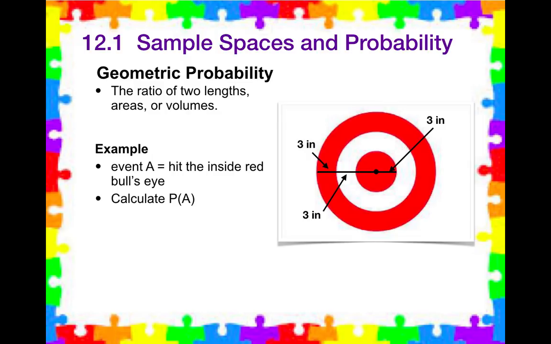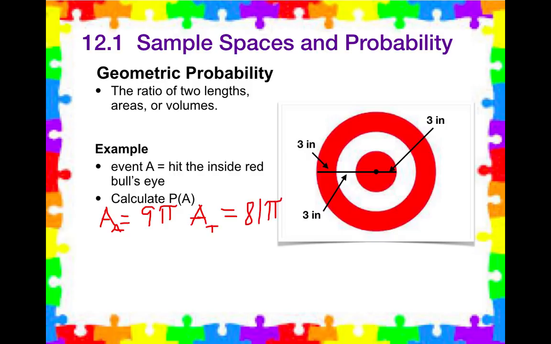And if I calculate the probability of A, let's first measure the area of A. The area of A is the bullseye, so the area of A is going to be pi r squared, so that's going to be 9 pi. And the area of the total, which is the big round area here, is going to equal, it's 9 radius, so 9 squared pi, or 81 pi.